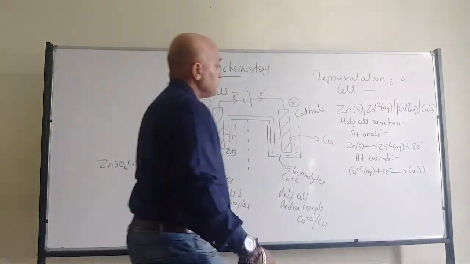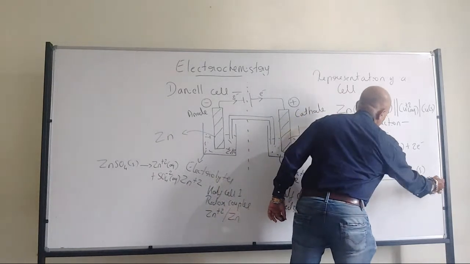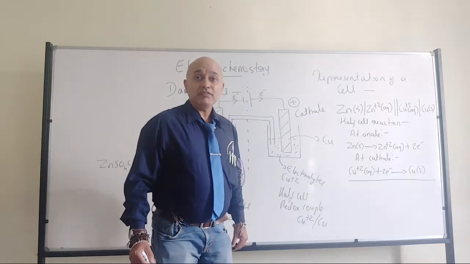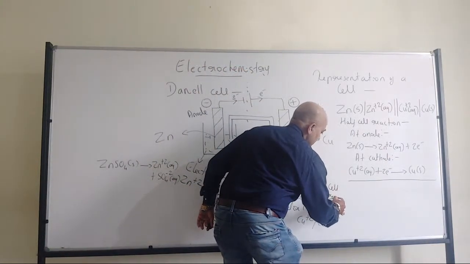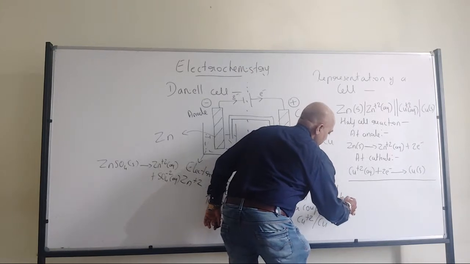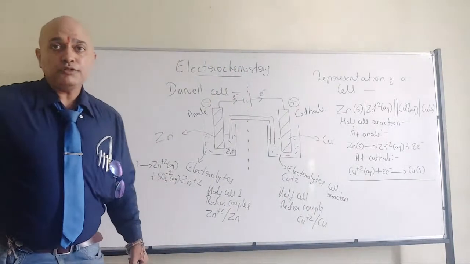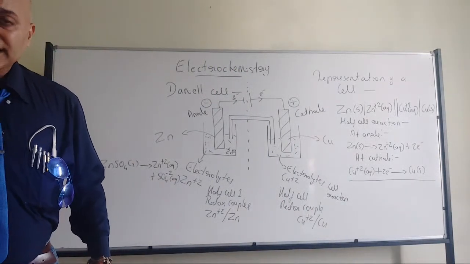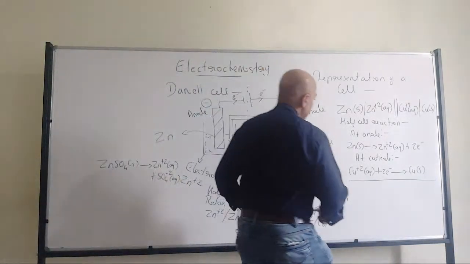Okay. So now these two are half reactions. Together they will give the cell reaction with respect to the Daniell cell. So what is that cell reaction?